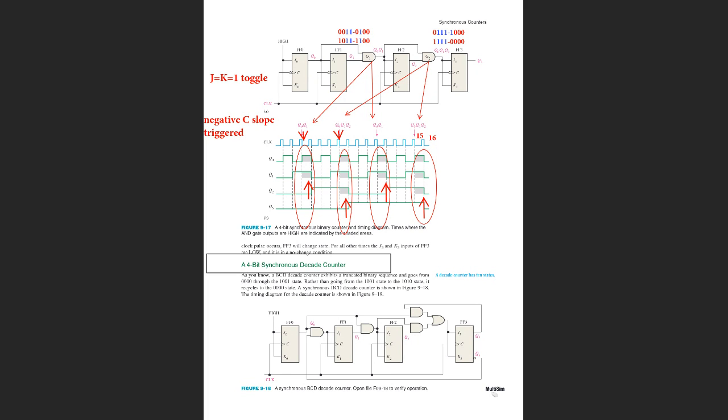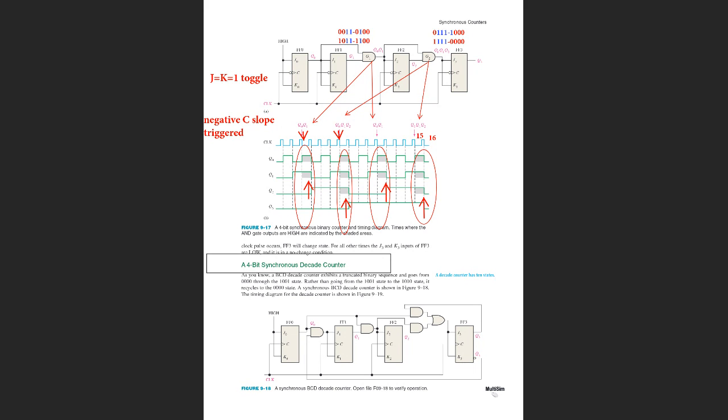And it happens on several occasions. Q0 and Q1 cause toggling of FF2 at clock 3 and clock 7, and then at 11.